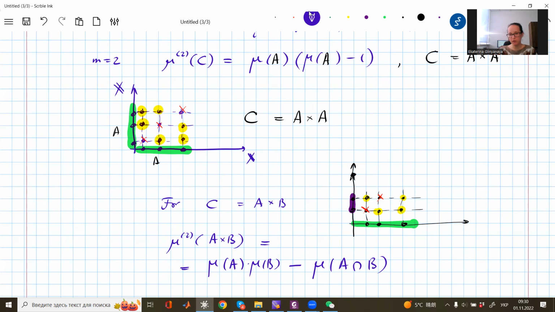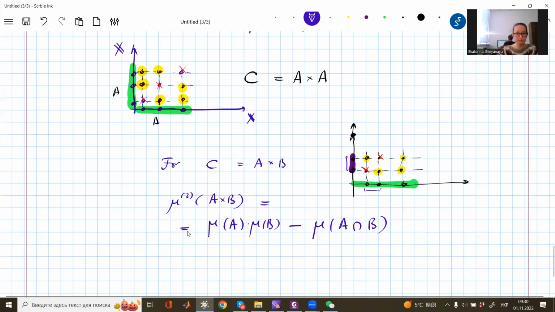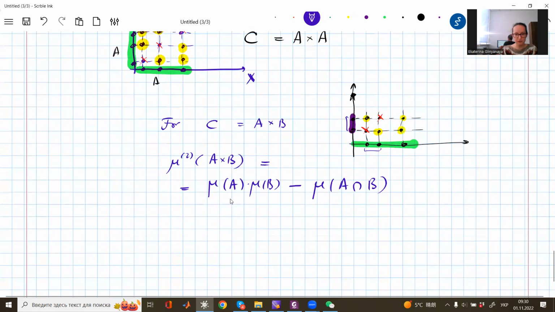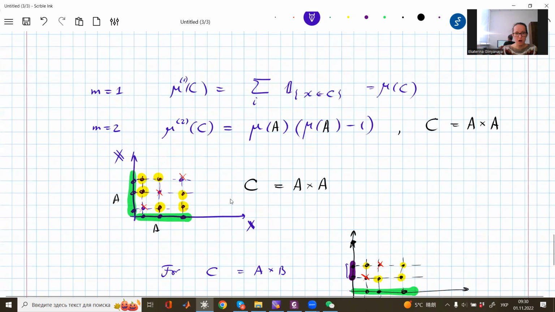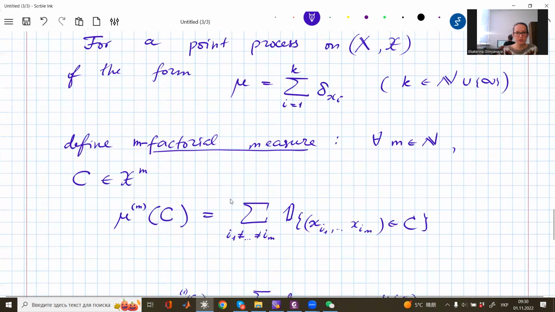As much as we have joint points in sets A and B. So this is the formula for second moment, for second factorial measure.